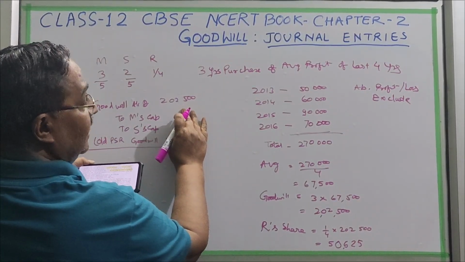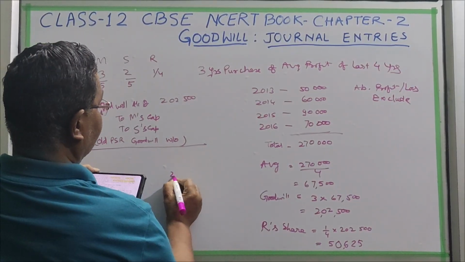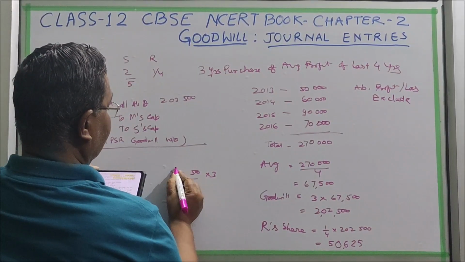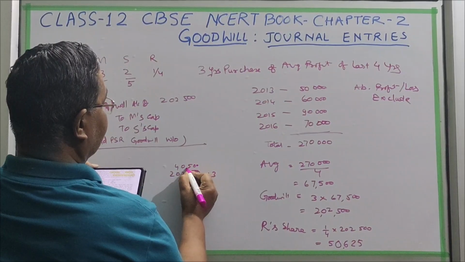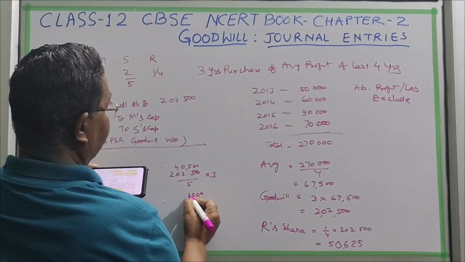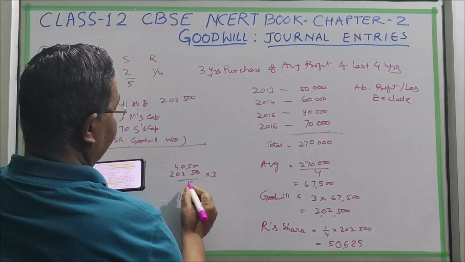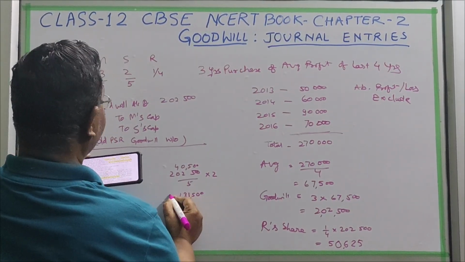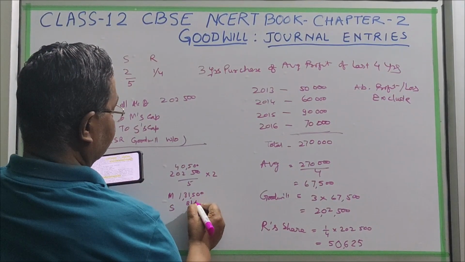So we will divide 2,02,500 by 5 into 3. Others it is 2/5, so others it is of M. Now Sohan will get 81,000.